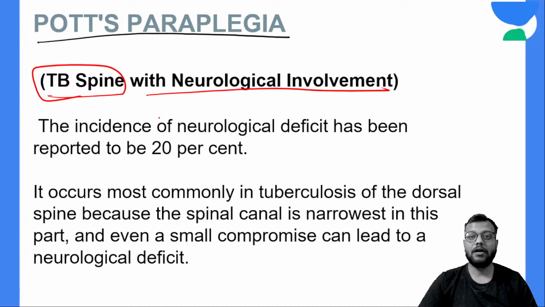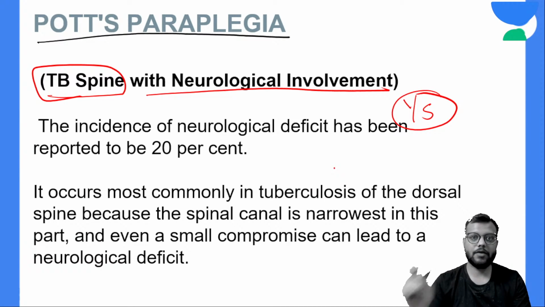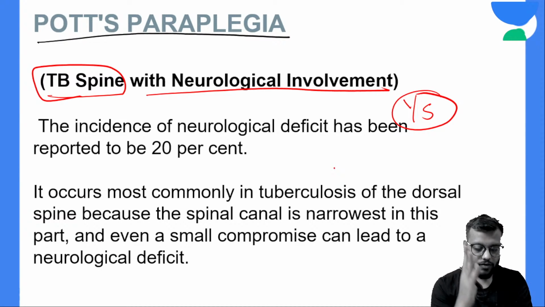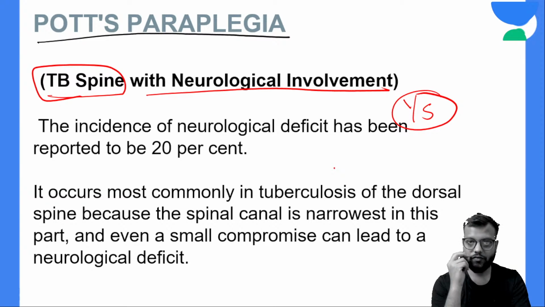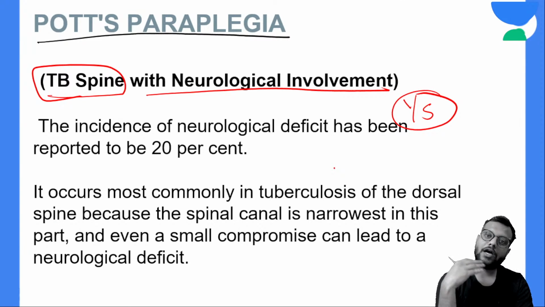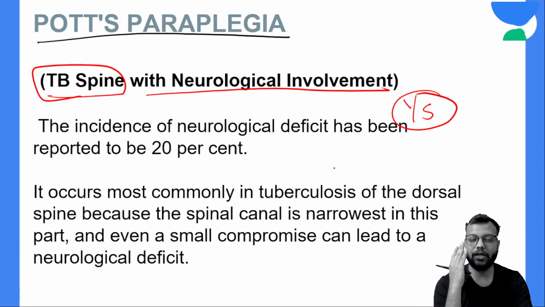Okay, and it is important to know that the chances of neurological deficit are 1 out of every 5 patients of Pott spine. Always remember that PIVD or fracture injuries of the vertebral body or vertebra are related to the posterior part of the spinal column, whereas in Pott spine, the anterior column, the anterior part, will always be involved first.